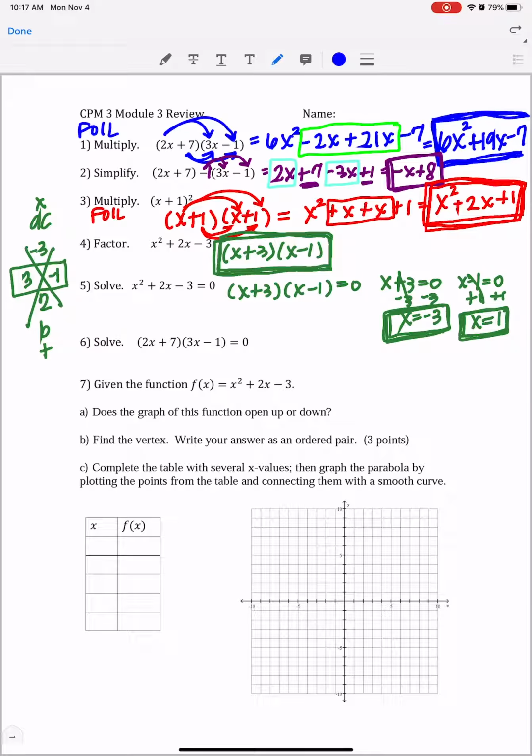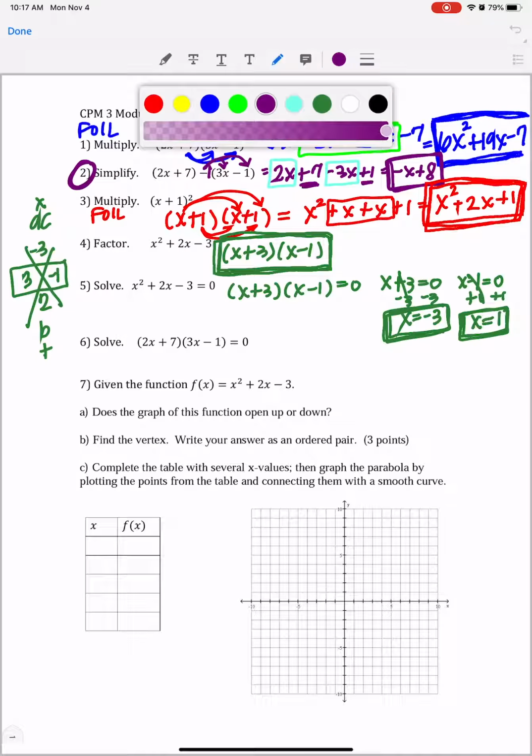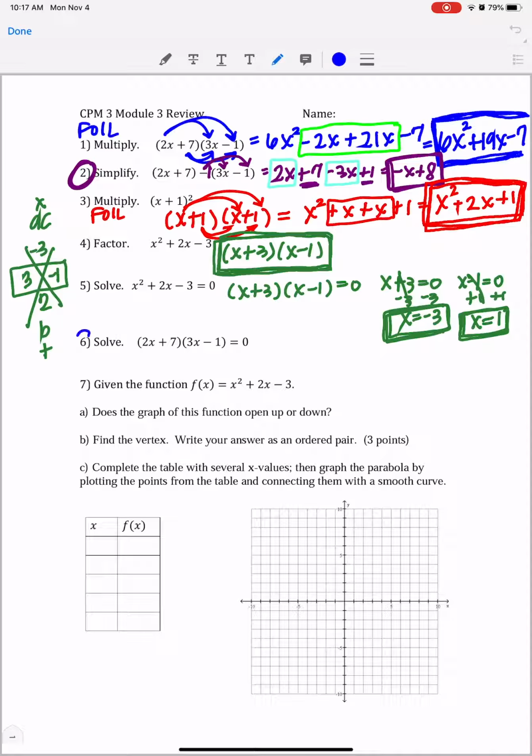1, read the directions. Factor, solve, and 2, one has an equal sign and one does not. I've already talked about this common mistake that you will accidentally FOIL on this one. This one is also a common mistake.